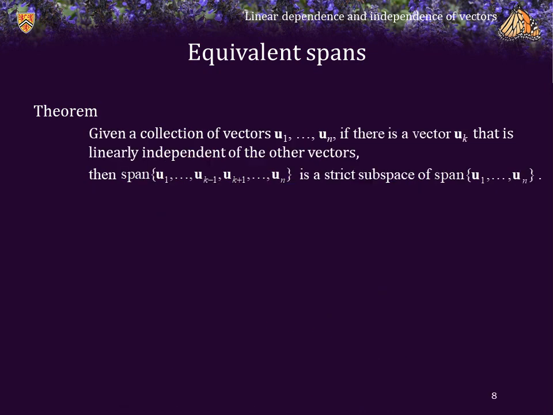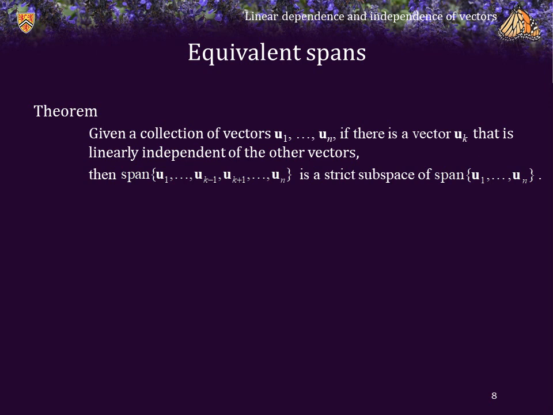Now here's a complementary theorem. Given a collection of vectors u1 through un, if there is a vector in this collection, u sub k, that is linearly independent of the other vectors, then the span of the vectors not including u sub k is a strict subspace of the span of the n vectors.